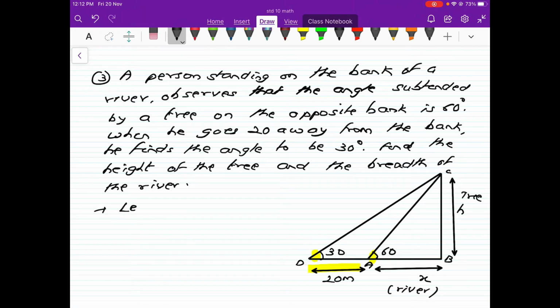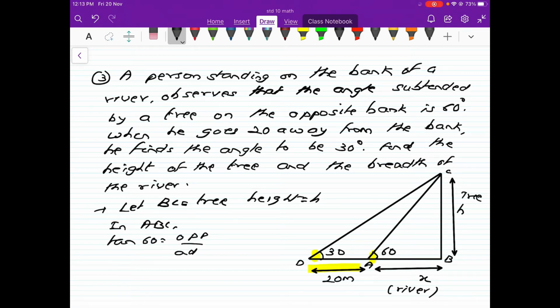So how to do this sum? Let BC be the tree and let the height of the tree be h. Now first we'll take triangle ABC. In ABC, I will say tan 60 is equal to the opposite side upon the adjacent side.